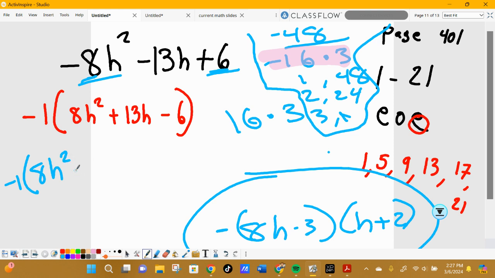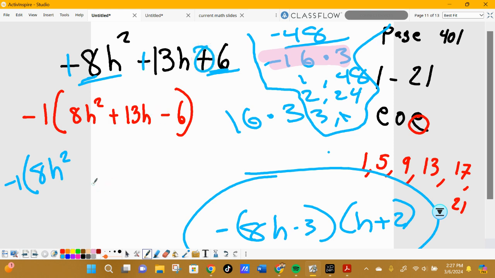Shoot, never mind, I keep forgetting to change the sign. When I take out the negative, this becomes positive and this is negative.